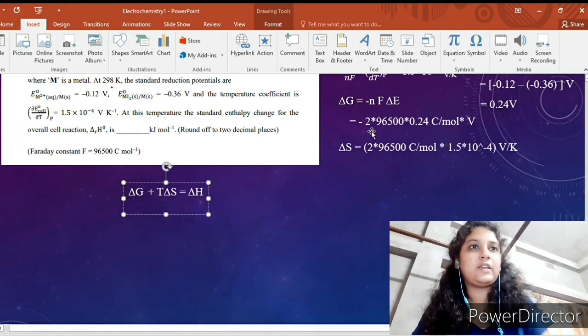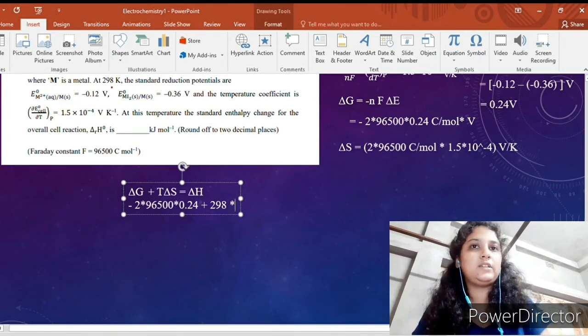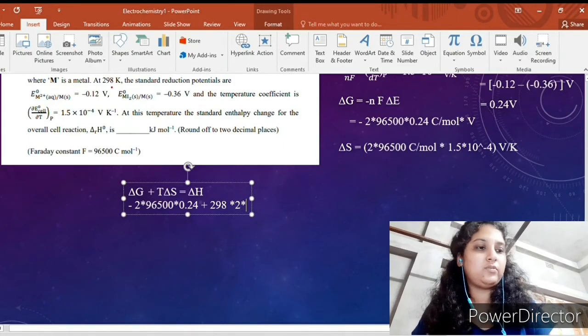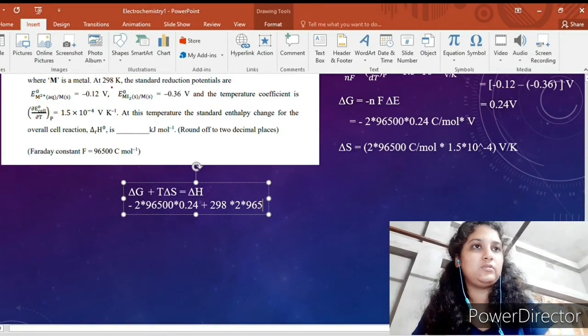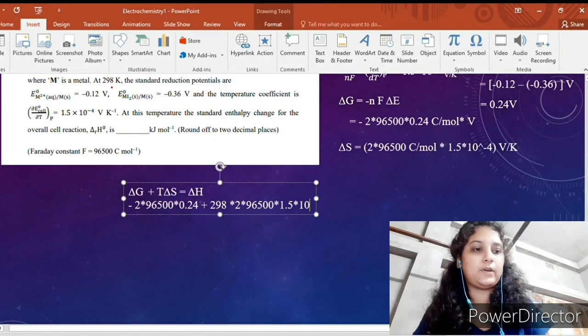The value of del G is equal to minus 2 into 96500 into 0.24, plus T equal to 298 Kelvin, and the value of del S is equal to 2 into 96500 into 1.5 into 10 to the power minus 4.